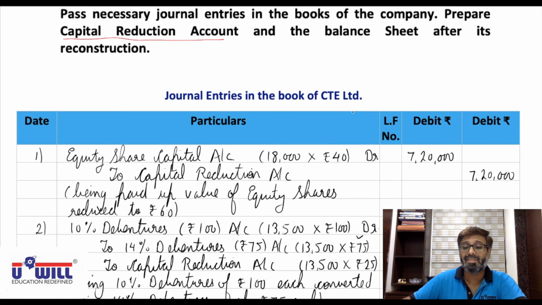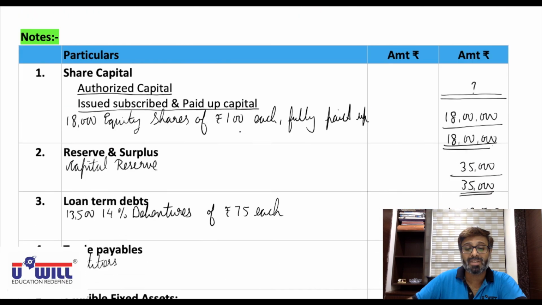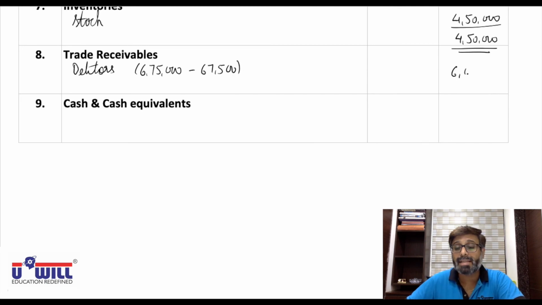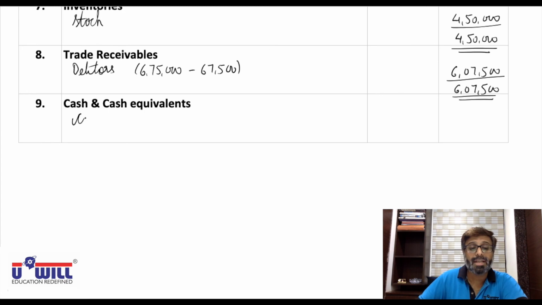So 6,75,000 minus 67,500. That is 6,07,500. Total also 6,07,500. And then cash and cash equivalents will have cash and bank balance.